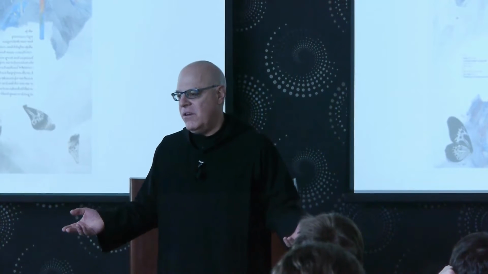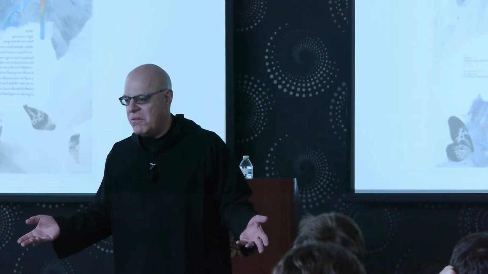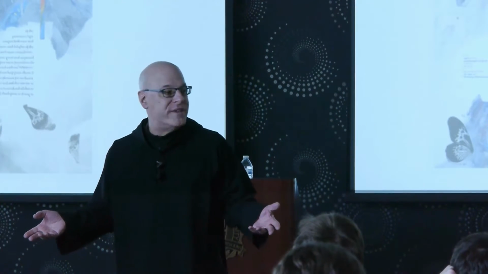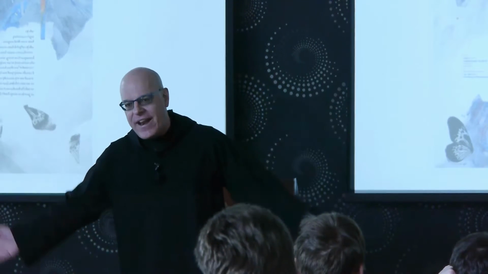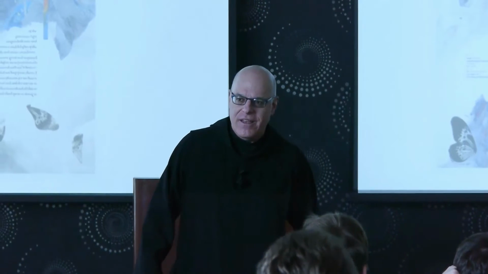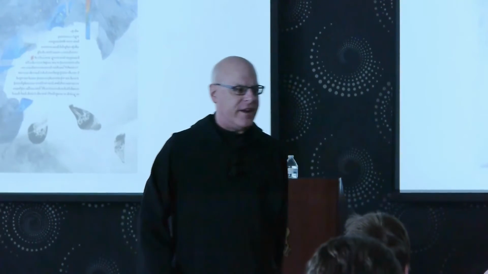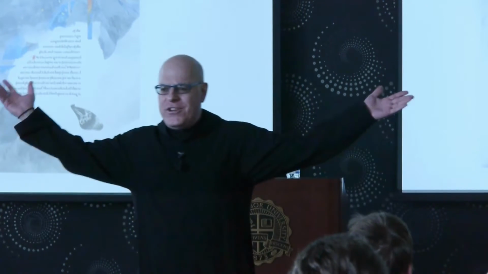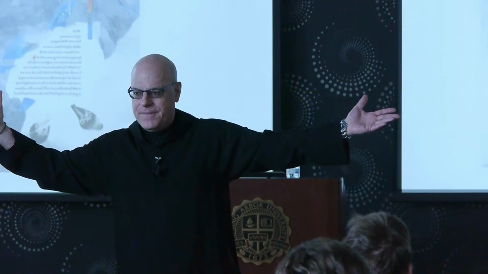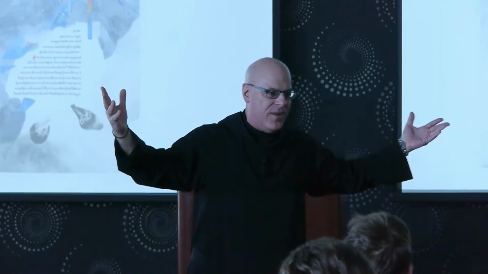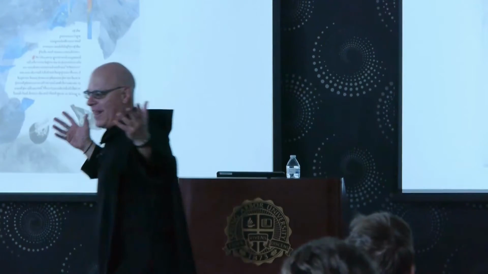Eat, drink, and be merry, for tomorrow you will die. Was that his mood, or was it vanity of vanities, all is vanity? Sun rises, sun sets, goes back to where it came from. What use does the worker have from his toil? Eat, drink, and be merry, for tomorrow you will die. Which is his mood? Well, I guess it depends on our mood. If you're the half empty, you're the first one.